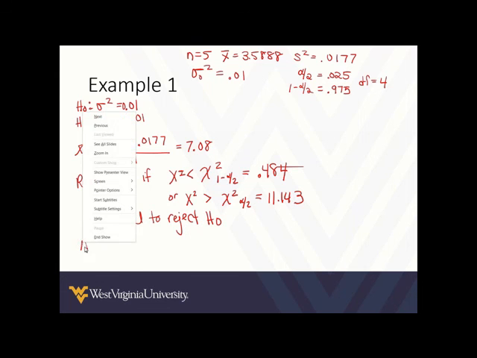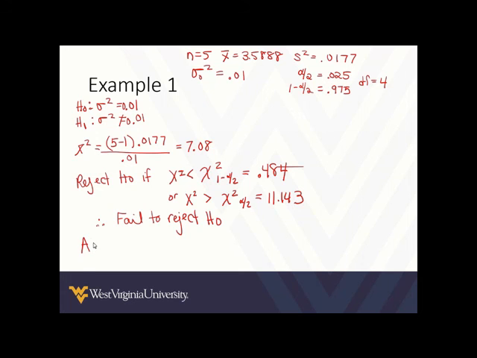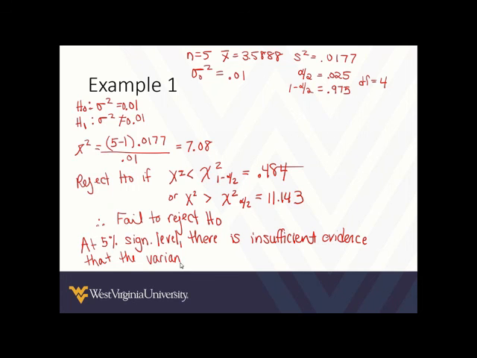And so we can say at the 5% significance level, there is insufficient evidence that the variance is not 0.01.